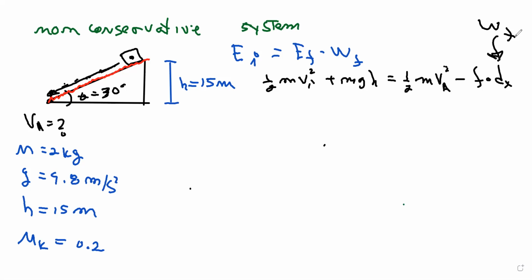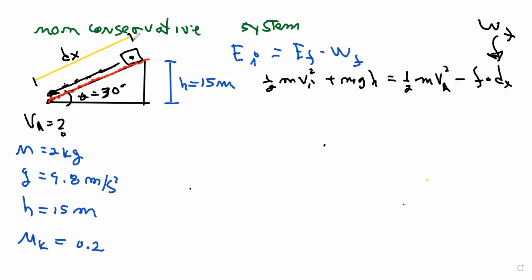Friction is a force, and if you multiply the force times the distance, you will get your work done by friction. And that's going to be this path right here. This is your dx, which is the distance from here to here, the hypotenuse of your triangle.